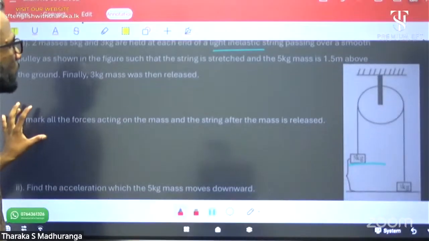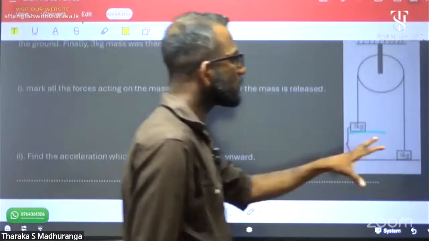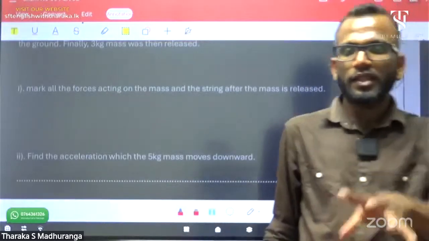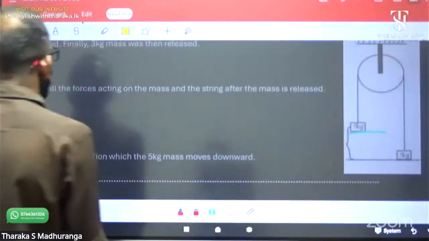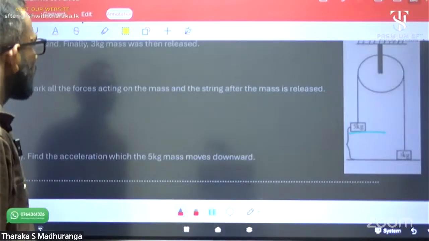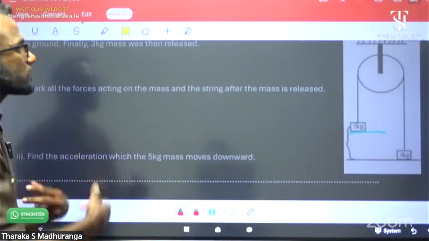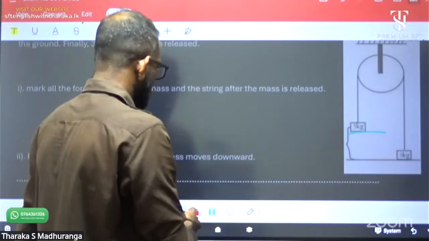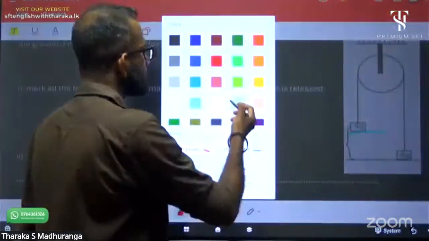Finally, 3 kilogram mass is freely released. Mark all forces acting on the masses and the strings after the release.